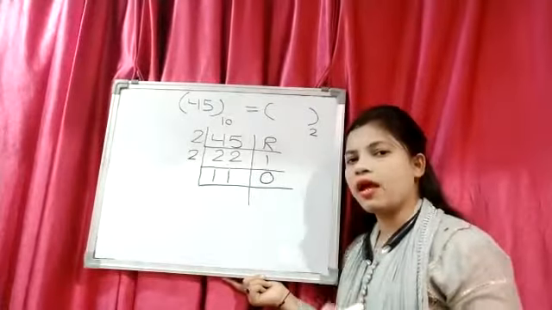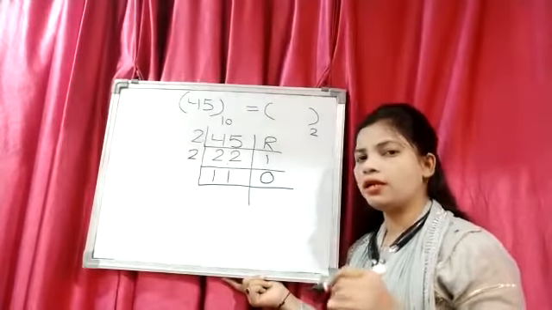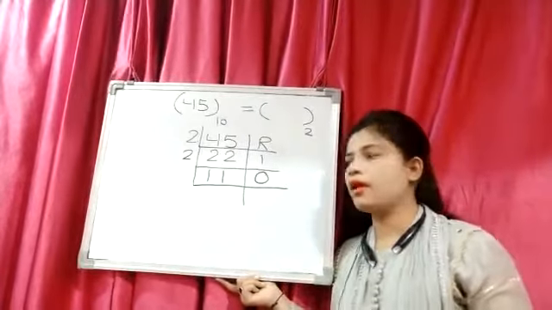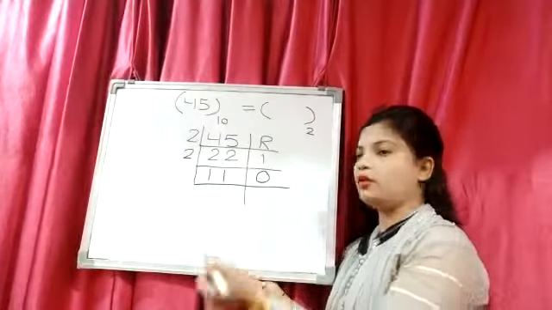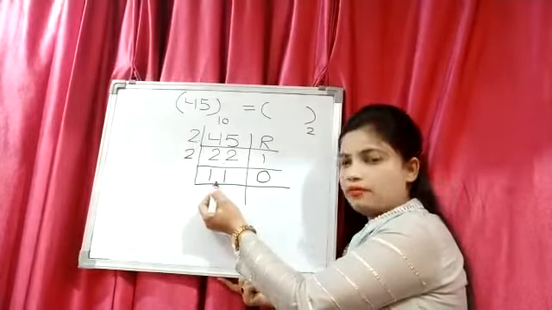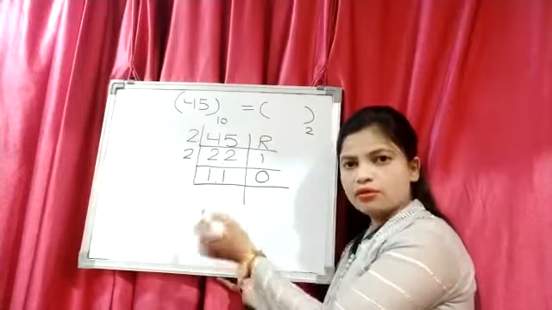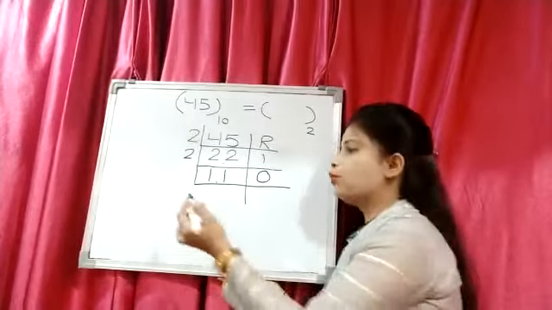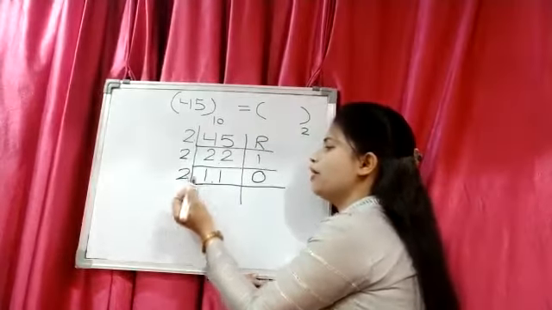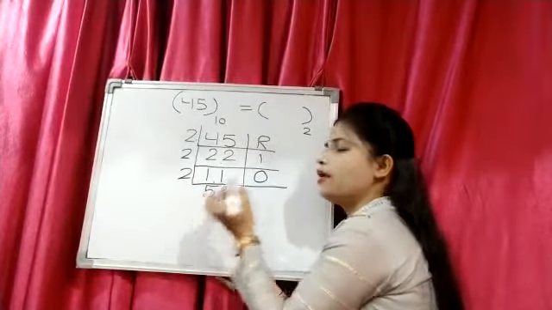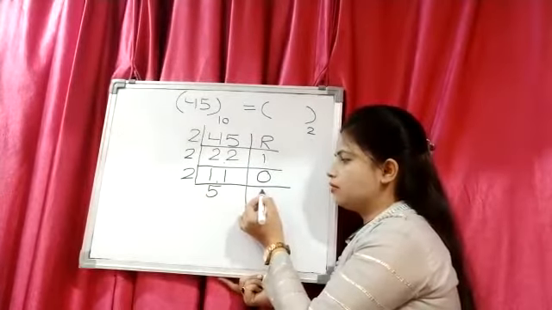Next step, continue dividing and writing down the remainder until the result of the division is 0. Here the result of the division is 11. It is not 0. So continue dividing by 2. 2 5s are 10. And remainder is 1.